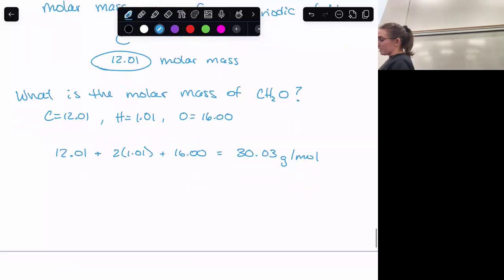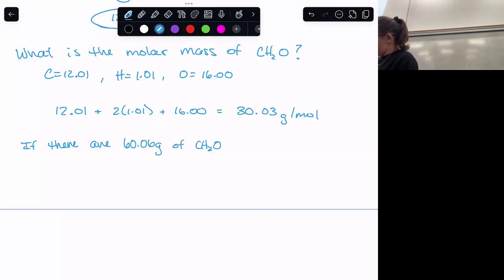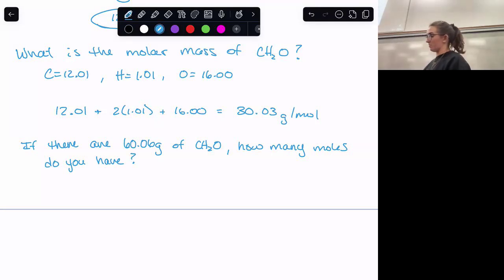Alrighty. So if I were to say, if there are 60.06 grams of CH2O, how many moles do you have? Can anyone do that quickly?